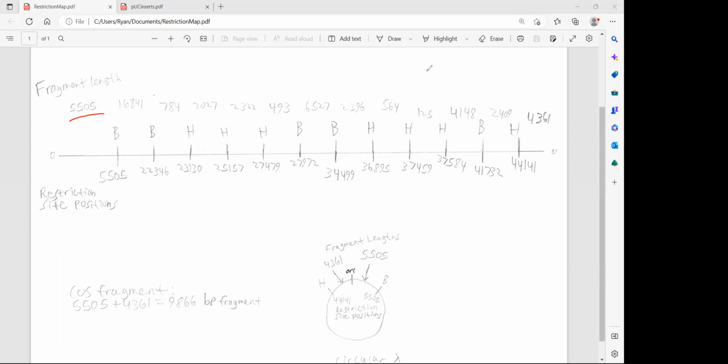So even though we included the cost fragment already, he wants us also to include the end pieces. So that would be the 5,000 right here, and then also this right here, because if it's linear, we will still have these two fragments.